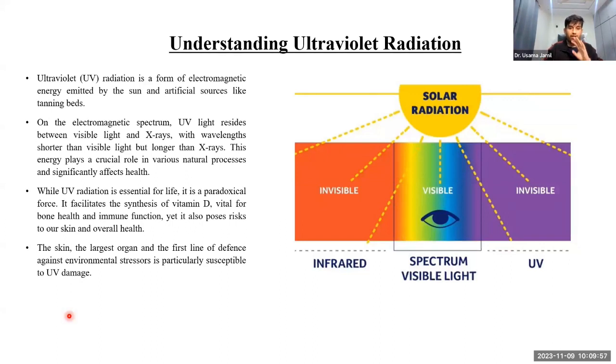A well maintained exposure of a few hours, the minimum required for vitamin D synthesis, is okay if the UV index is not too high in that area or region.